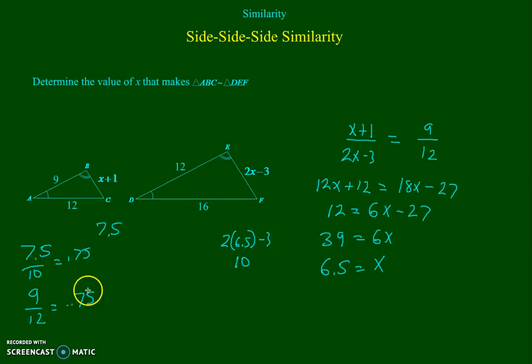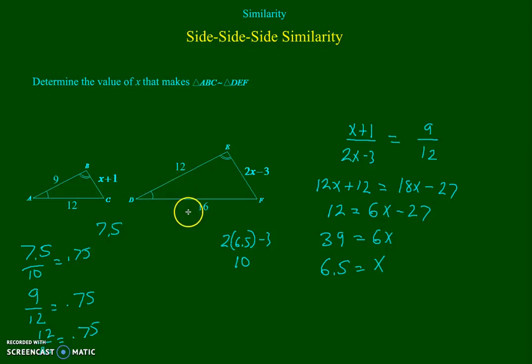And lastly, 12 divided by 16 is 0.75. So we can see that all these three sides are in the same ratio, three pairs of sides in the same ratio. The sides are corresponding and proportional. Therefore, by side-side-side similarity, these two triangles are similar.